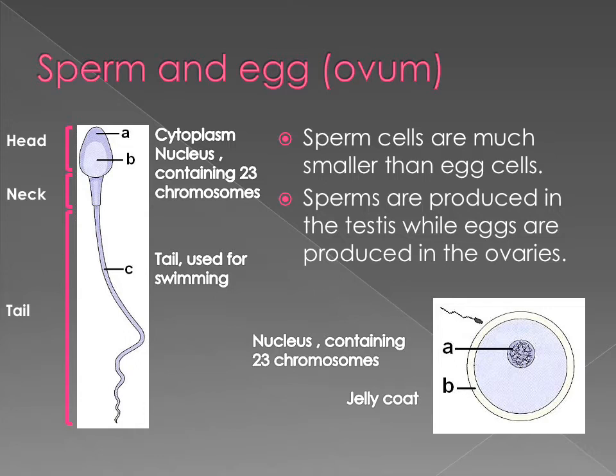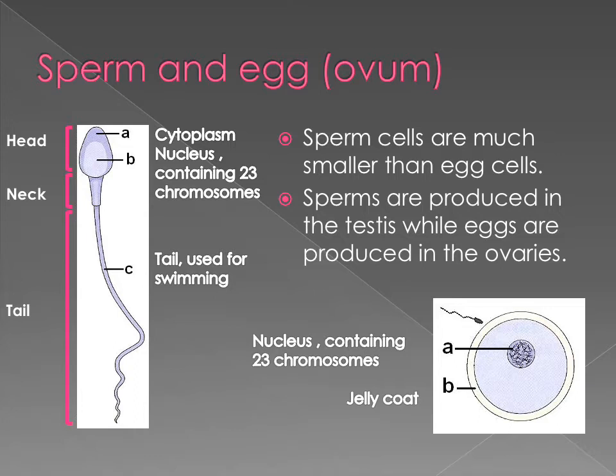And again, reminding you that this is a nucleus containing only half of the chromosomes that a normal human cell would have. So it has 23 chromosomes. We call a cell that has half the number of chromosomes a haploid cell. Haploid cell. We're going to take this again when we go into the topic of genetics and inheritance.